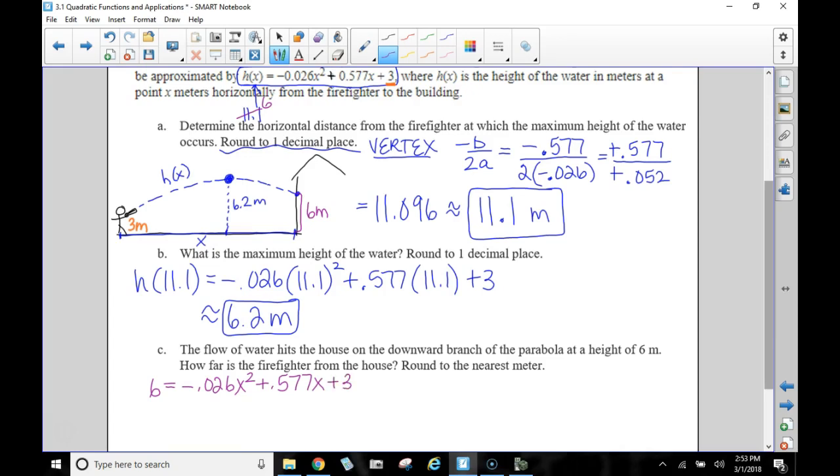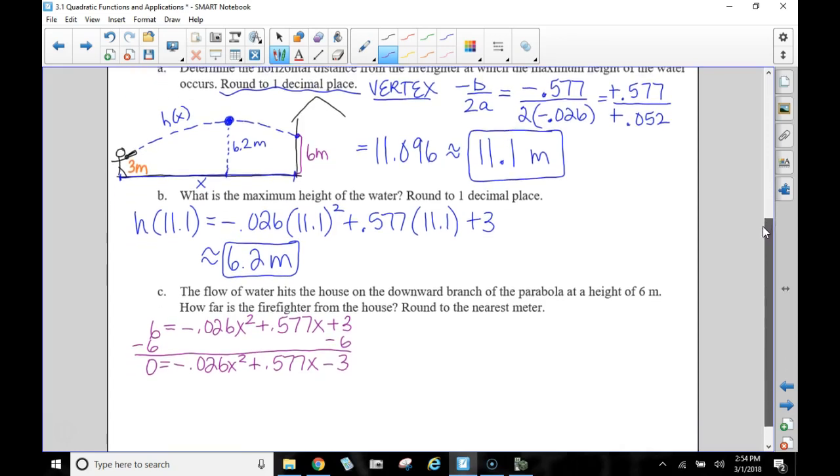First thing we want to do in solving this quadratic equation, get everything on one side equals 0. So we have 0 equals negative 0.026 x squared plus 0.577x, and then 3 minus 6 is a negative 3.